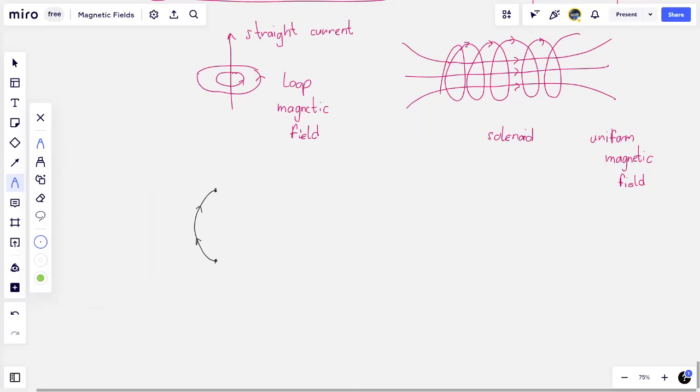Then I get the field lines moving circularly around the loop, moving in a circle around the loop. And they stretch out at different points. At the center of the loop, right through the center, it'll appear as a straight line, but at other points it'll be stretched out in a circular shape.